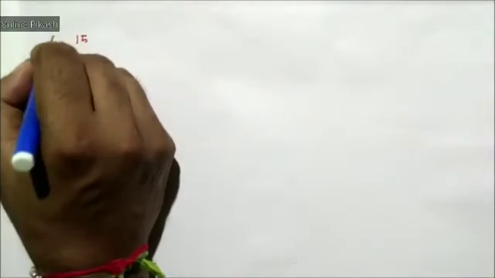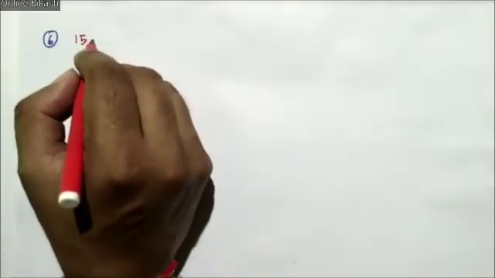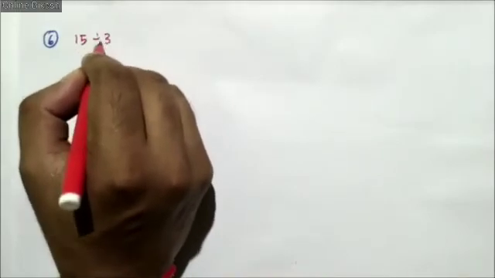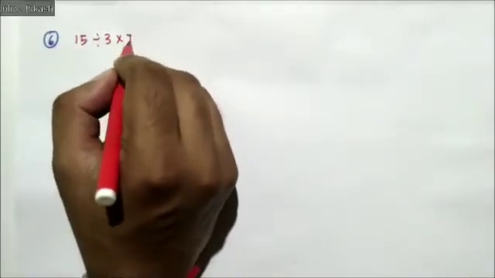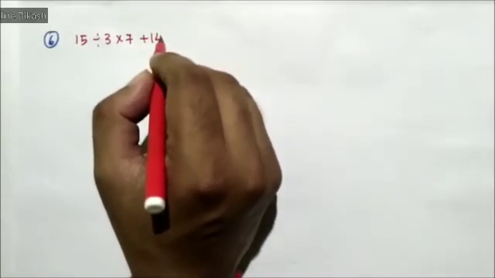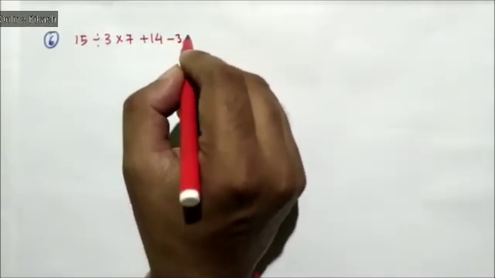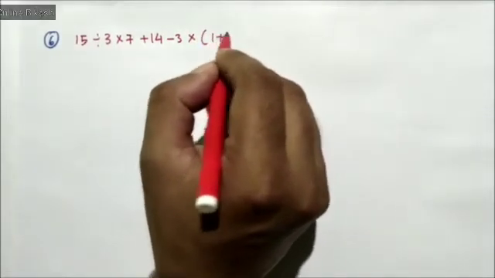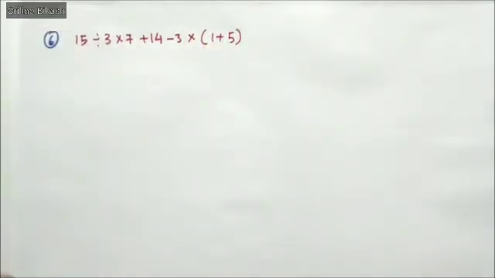Suppose we have this one, question number 6, correct? 15 divided by 3 multiplied by 7 plus 14 minus 3 into 1 plus 5. Okay, what was the rule? BODMAS, BODMAS.